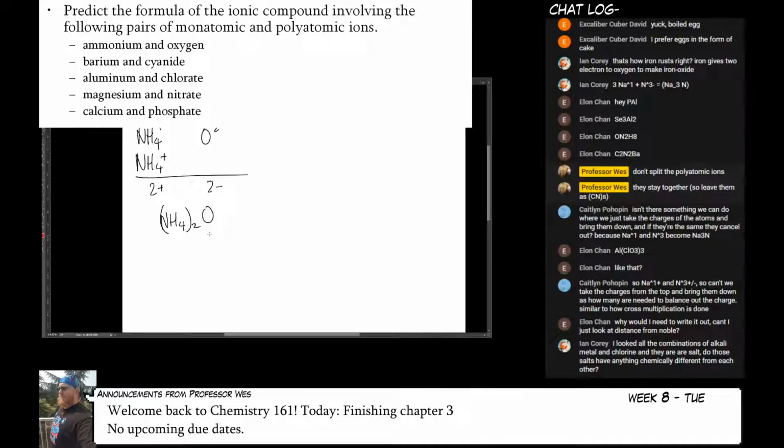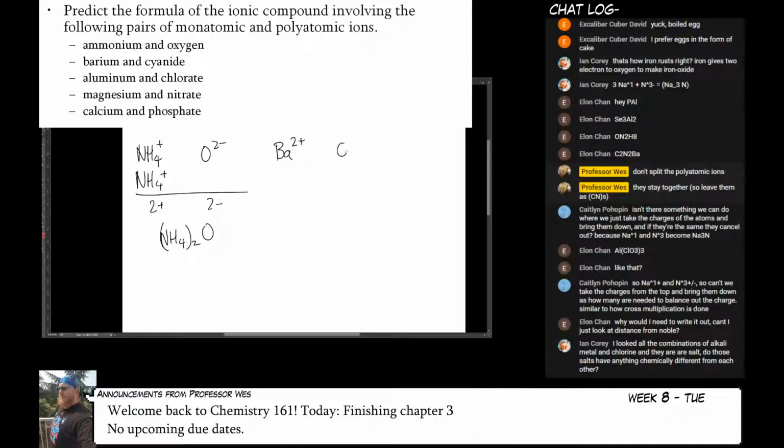There you go. That's how you write that one. I'm sort of scrolled off the screen there. There we go. We got barium. That's the ion it forms. Cyanide looks like that. I need 2 of them. There you go.